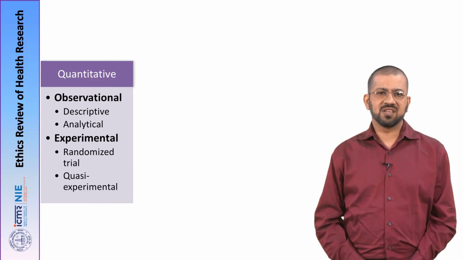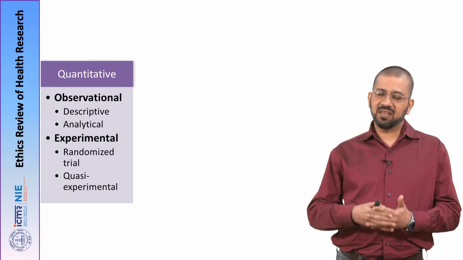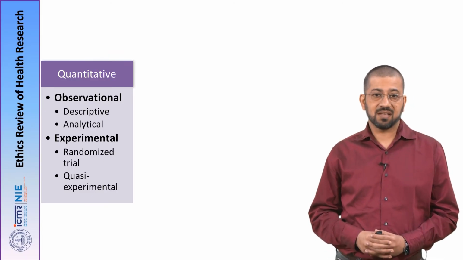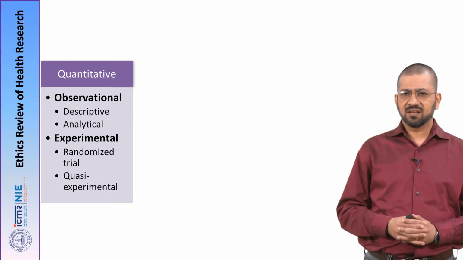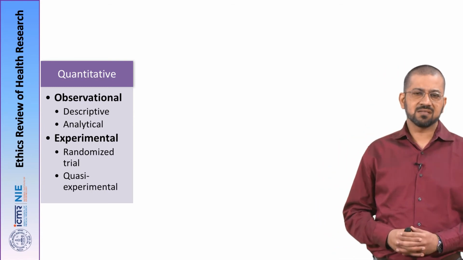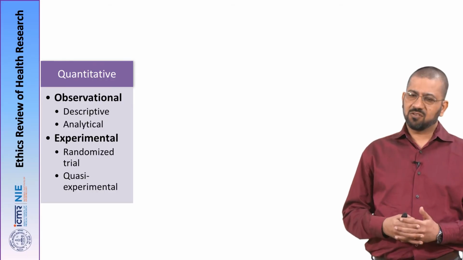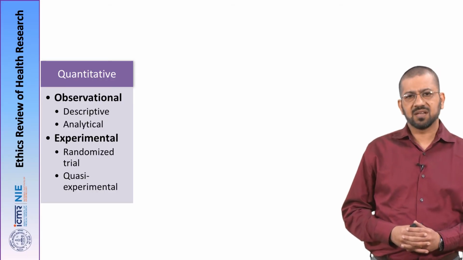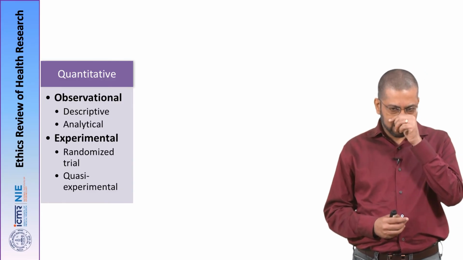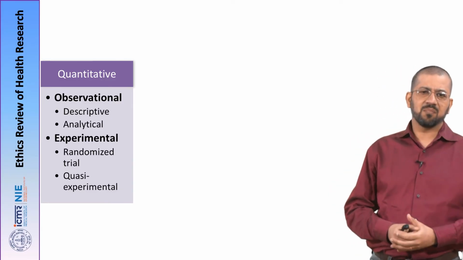Then of course, if the design is experimental, it could be randomized or non-randomized. We could have randomized trials, which could be clinical trials or even community based trials, and we could also have quasi experimental studies, wherein we do not randomize but still compare two groups.